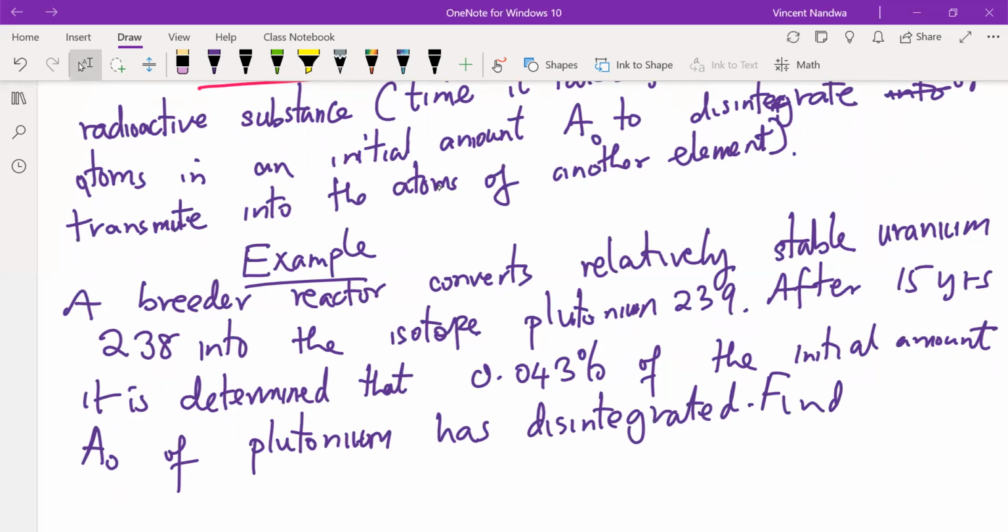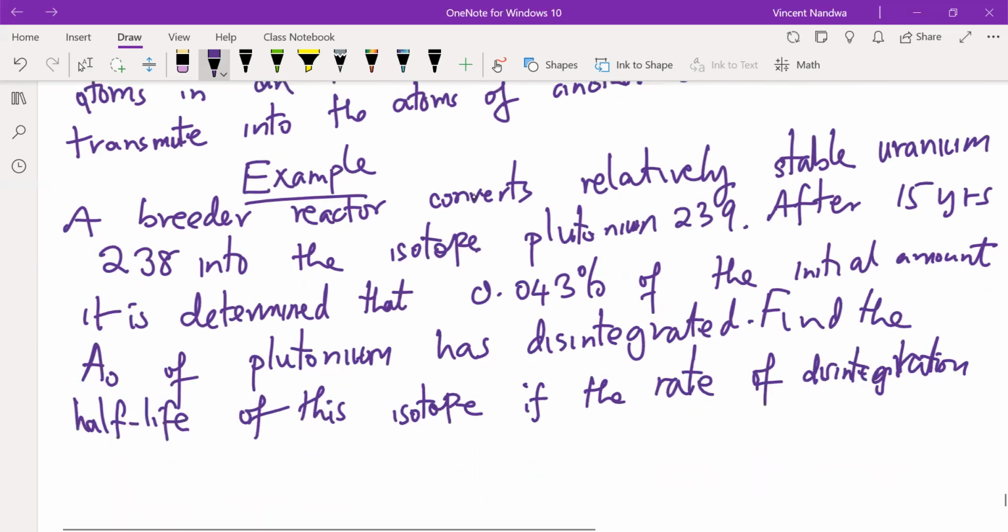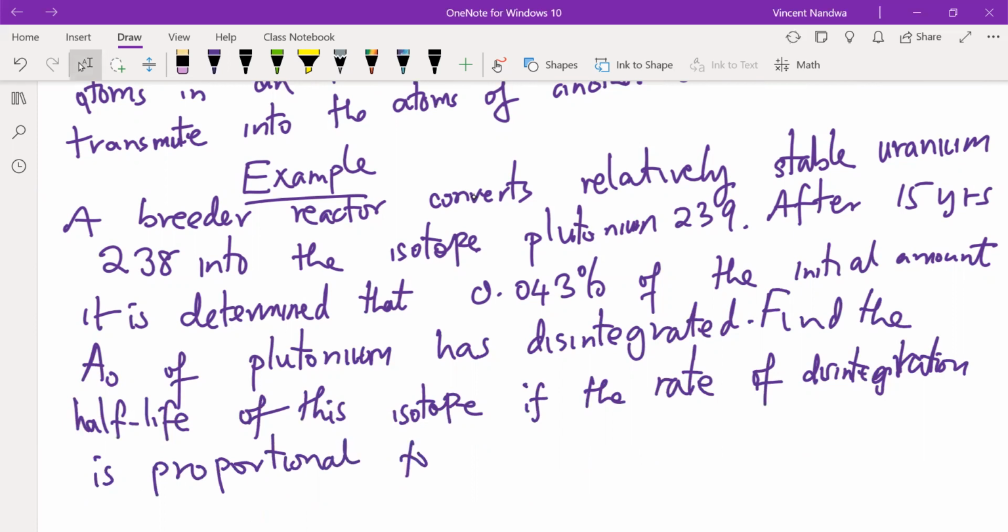Find the half-life of this isotope if the rate of disintegration is proportional to the amount remaining.